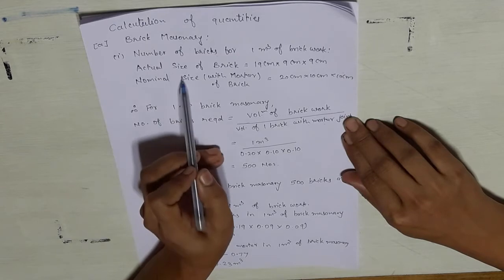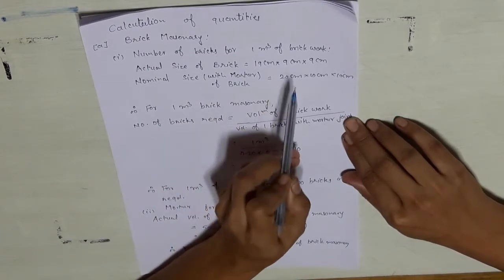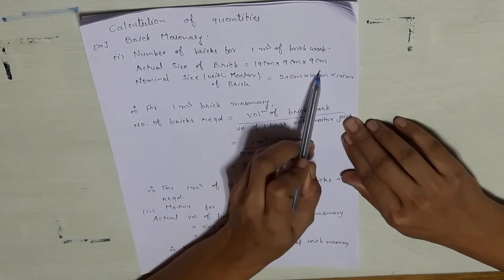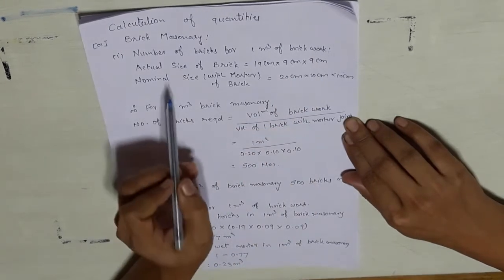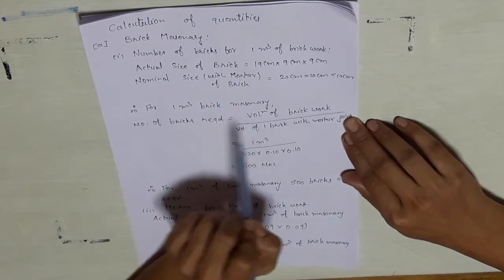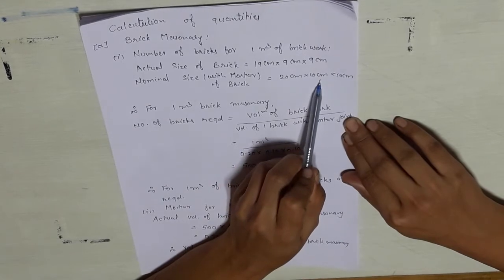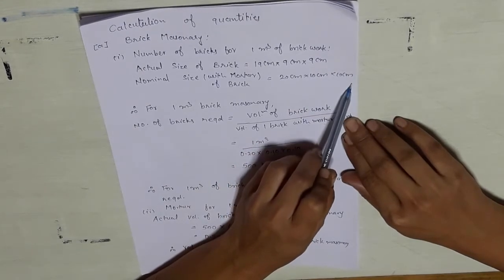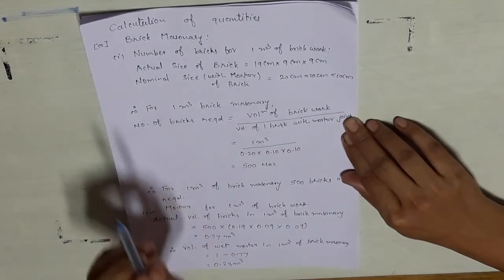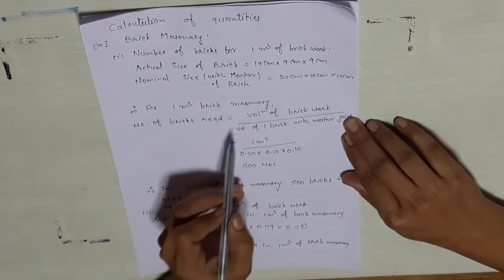We know the actual size of the brick is 19 centimeter by 9 centimeter by 9 centimeter, and the size of the brick with mortar, that is the nominal size of the brick, is 20 centimeter by 10 centimeter by 10 centimeter.